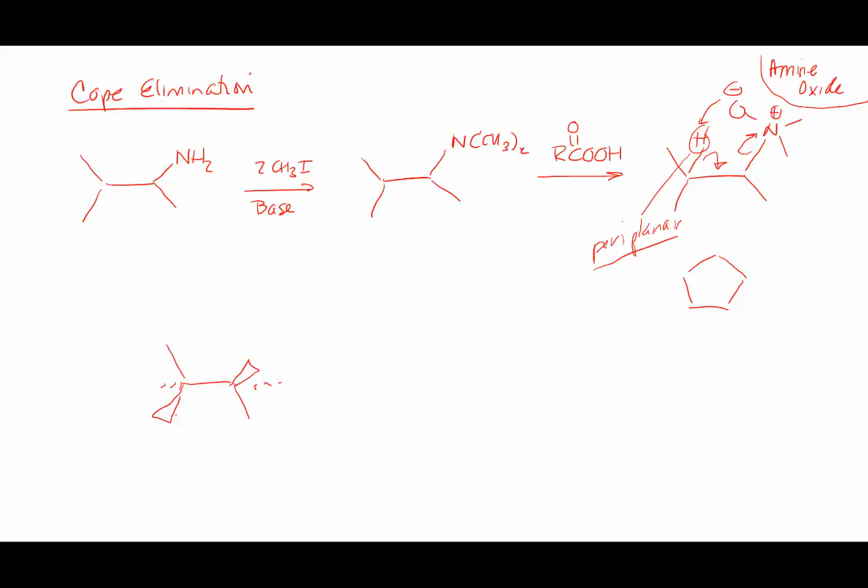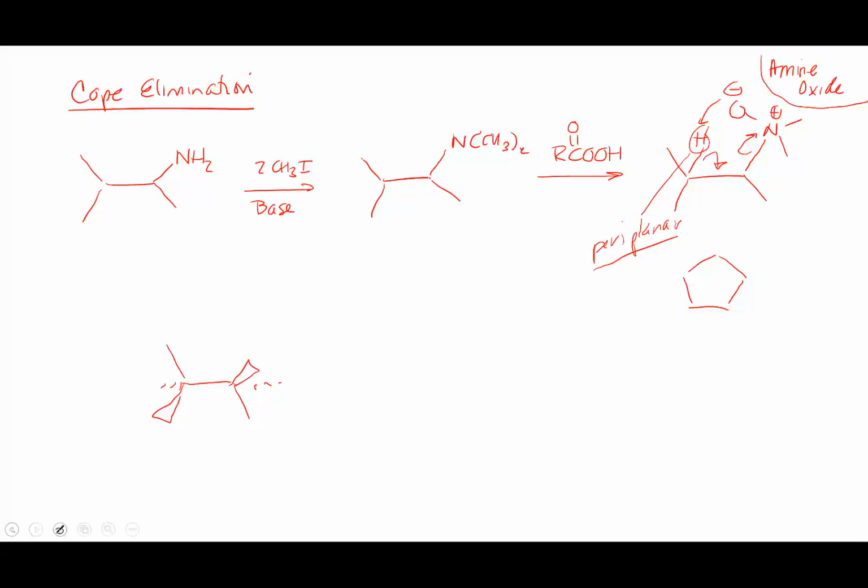And so on Friday, we're going to have to manipulate these two using our sawhorse projections. We're going to have to rotate to make things anti-periplanar, and rotate to make them periplanar, so that we know what groups are going to be cis and what groups are going to be trans when we do the reaction. So this is Cope elimination.